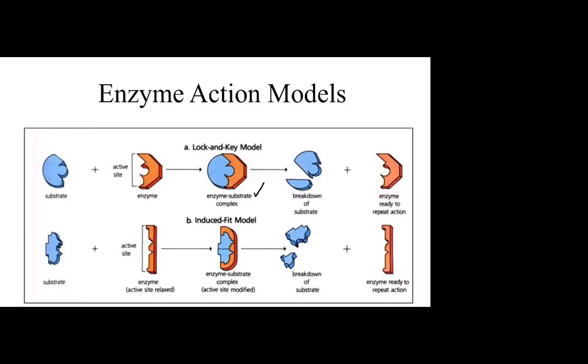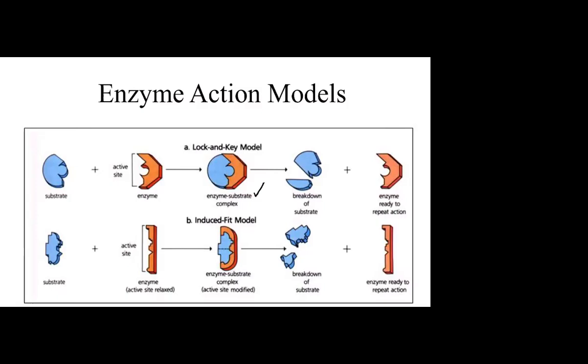So for enzymes that utilize the lock and key model, the enzyme does not have a lot of conformations in terms of the active site. It has the correct space for that substrate, but it doesn't modify itself to accommodate the substrate.